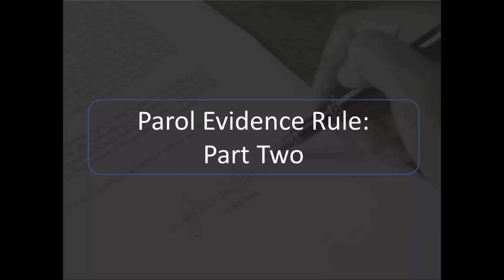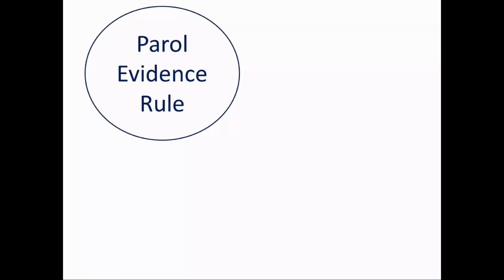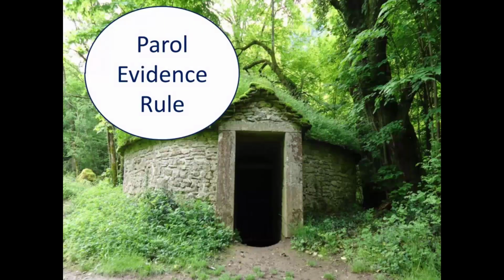In this second part of the screencast lecture on the parol evidence rule, let's take a closer look at the principal cases you read. We begin with the common law parol evidence rule. As you read, Mitchell against Lath refuses to enforce an alleged oral agreement to tear down an ice house on neighboring property.